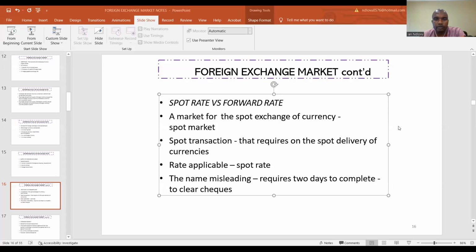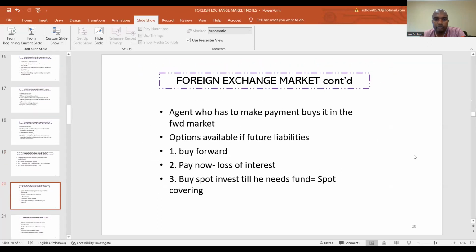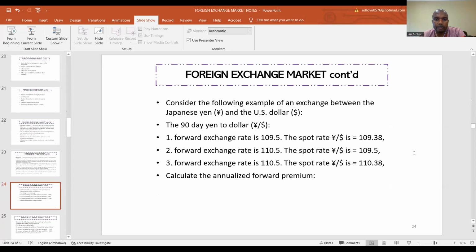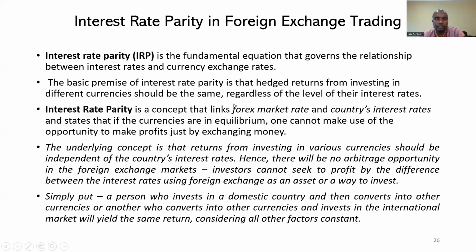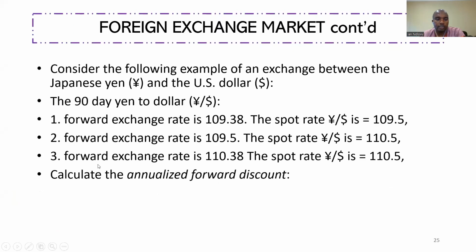So for today, I'm going to end at this point. What I'm going to do in the next video is demonstrate how these calculations are done, how we calculate the annualized forward discount.